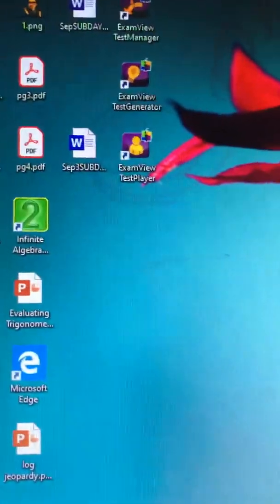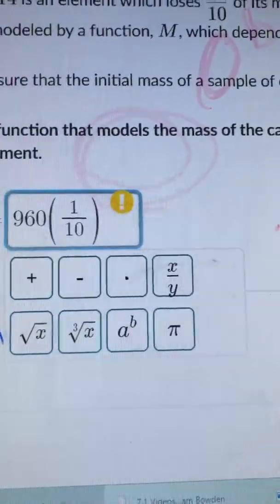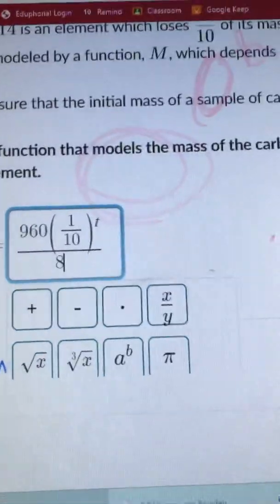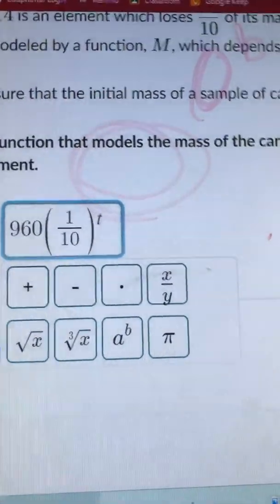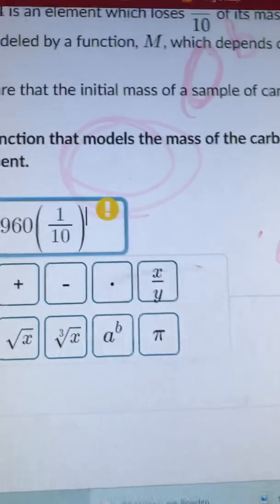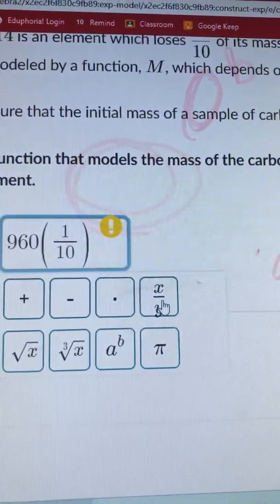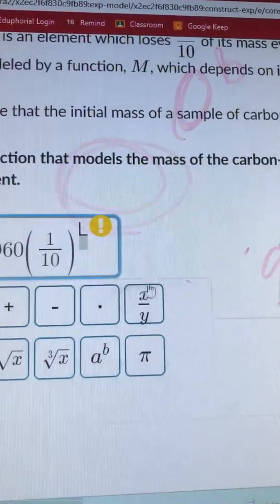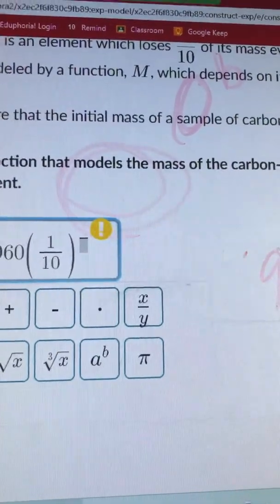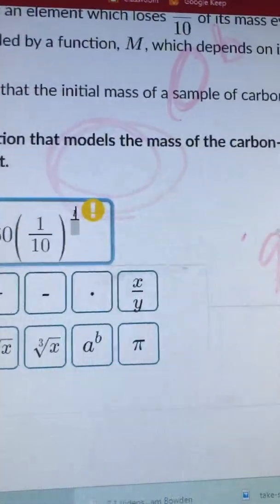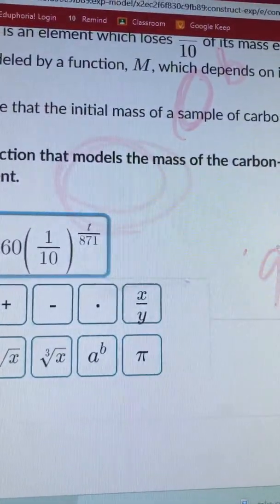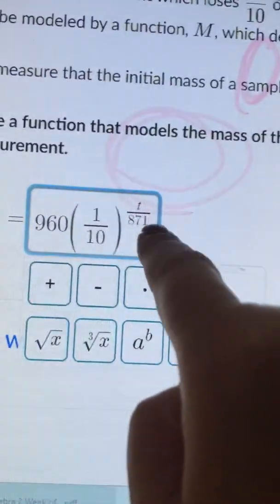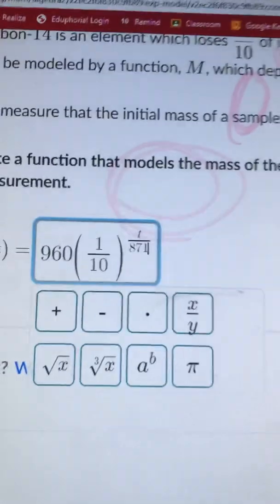And then I'm going to put T divided by 871. Okay, my bad. So I'm up in the air, and now I'm going to press the X over Y button, and that makes a fraction up there. And then I'm going to put T and then 871 in the bottom. I'm guessing what you've been doing is you've just been putting 871 at the top instead of T over 871.